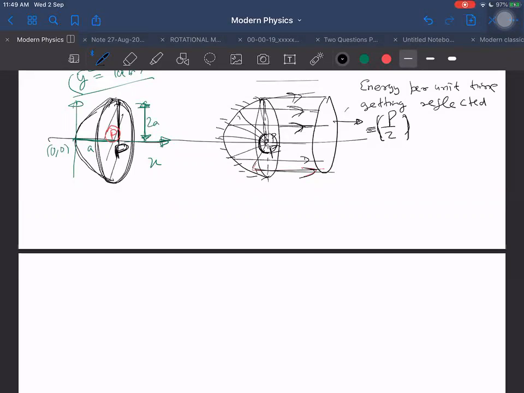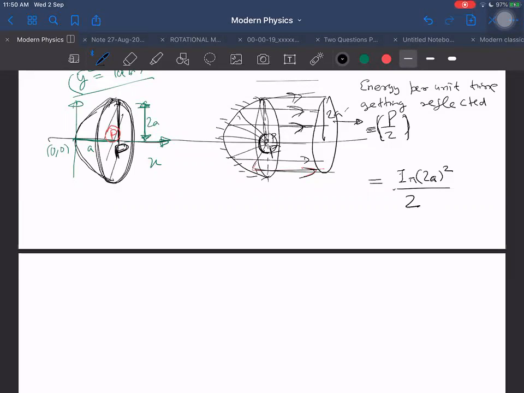Now, we also know that intensity has a relation with power, and that is equal to I into, this is a radius, let us say 2A radius. So I into pi into 2A square, upon 2.